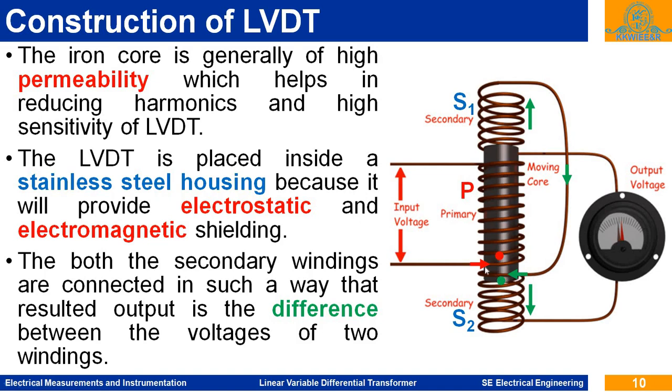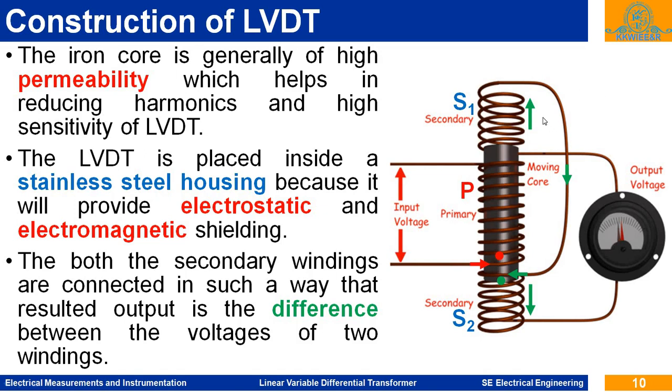So both directions of current are opposite. These dots are provided, and S1 and S2 are connected in such a way that in S2 winding the current flows downward, and in S1 winding the current flows upward. So the directions of current are opposite.